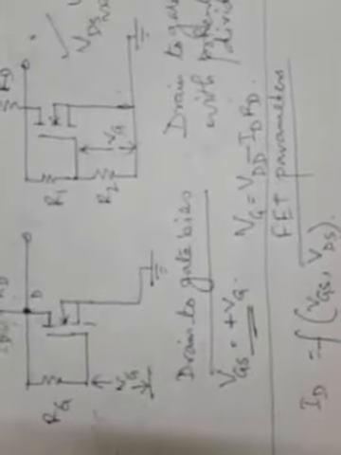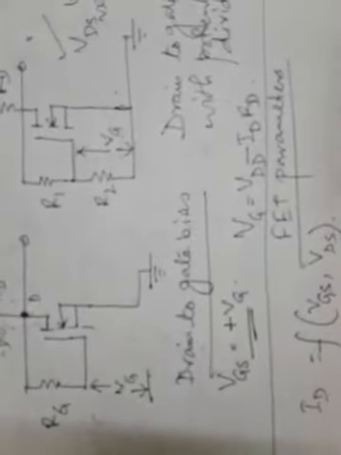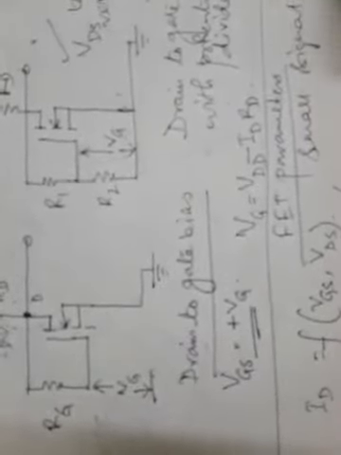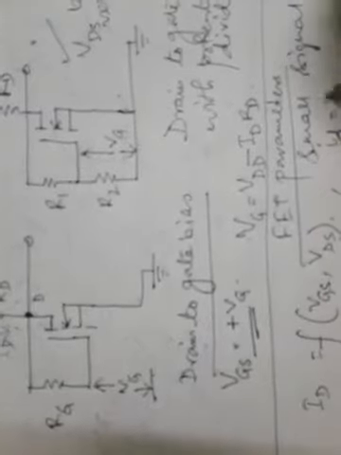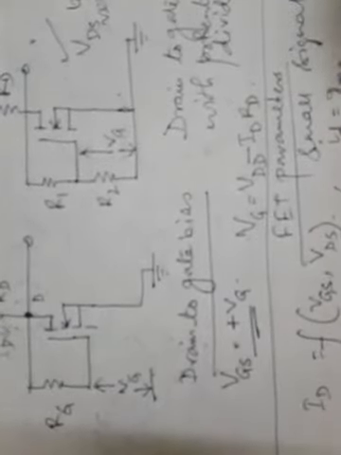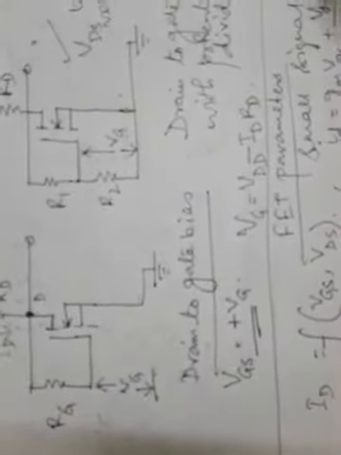All AC components will be denoted in small letters. So when we consider small signal analysis, then we may write id is equal to gm vgs plus vds by rd.